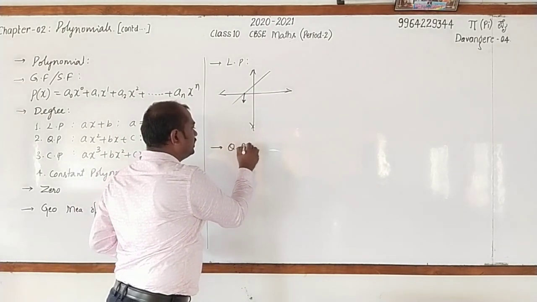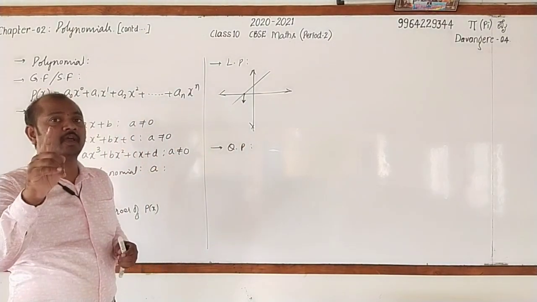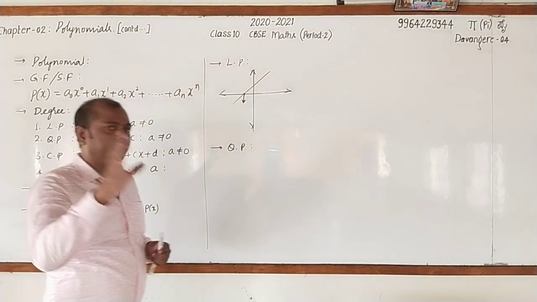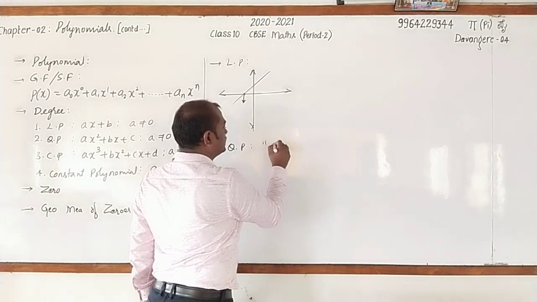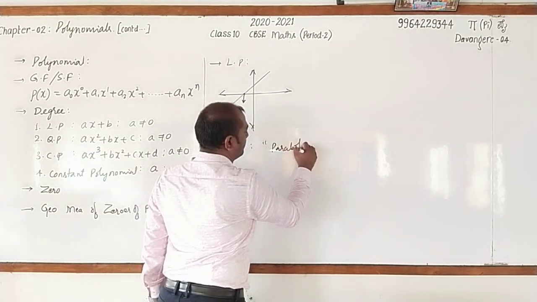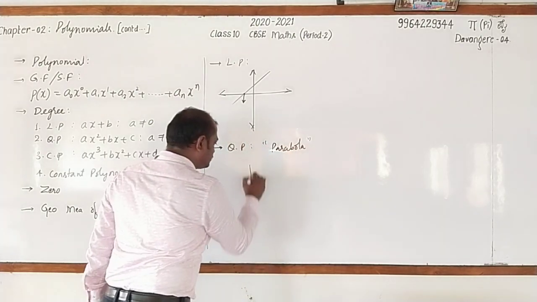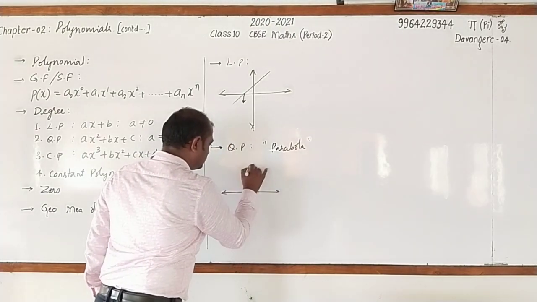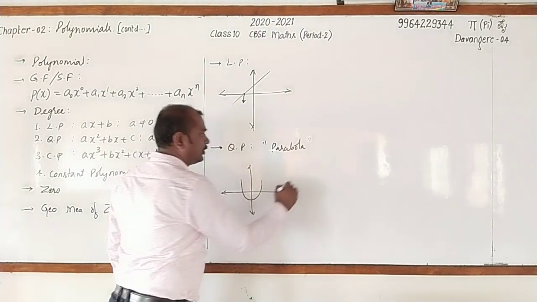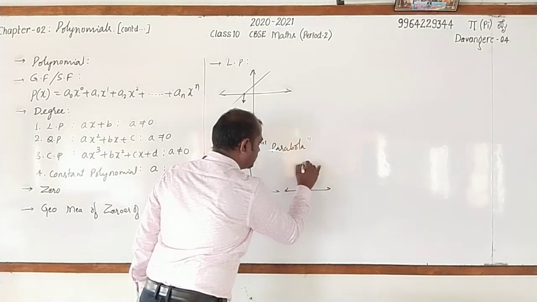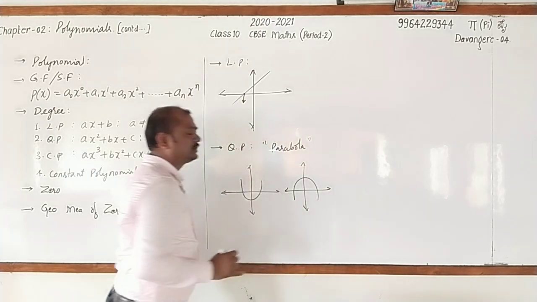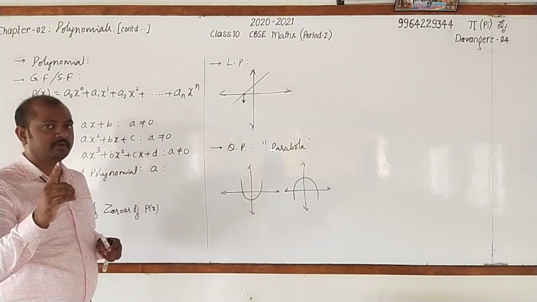Then, quadratic polynomial. What is the nature of the graph of a quadratic polynomial? It's very important. Yes, it is a parabola, and we draw it like this. See, this is a parabola. Even you may get the parabola in the shape of an inverted U as well, right?